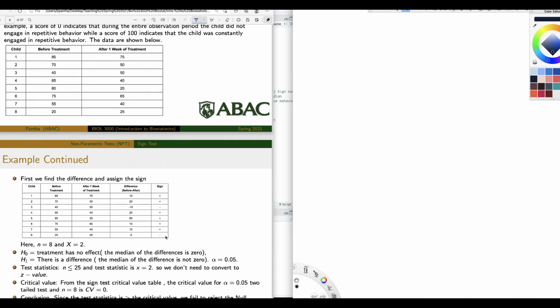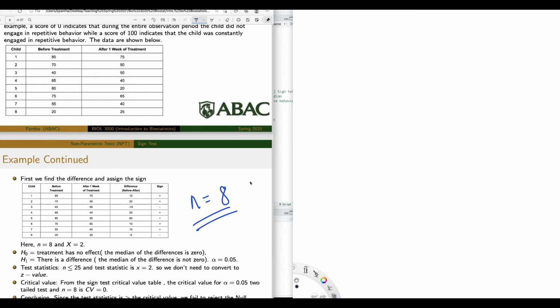Okay, now what is the test value? First of all, what is n here? So here, n is the number of pairs, right? n is the number of pairs, so that is 8. n is 8, which is less than 25, right? So when n is less than 25, what do we do? The test value, or the test statistic, is the number of less frequent signs.